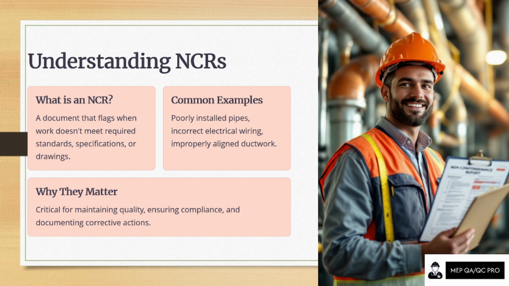That is why it matters. From that video you will understand the difference between codes and standards and why it matters for MEP construction. Common examples we face everywhere are poorly installed pipes, correct or incorrect wiring, or duct alignment. Why do they matter?